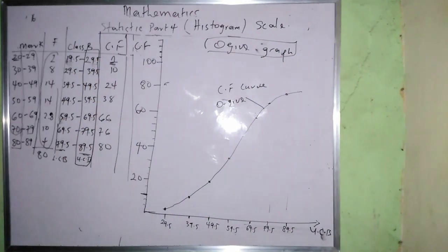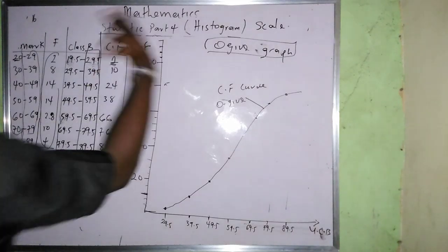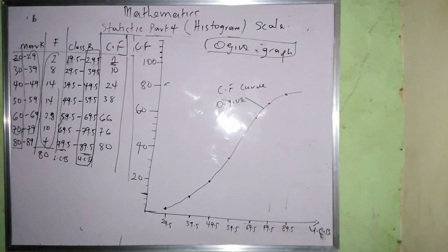Maybe in our next video, there are a lot of things we can achieve here. We can achieve the quartile range, semi-quartile range, deciles and percentiles, and so on and so forth. When we get to the next video, we will explain that. But this is how to achieve that.